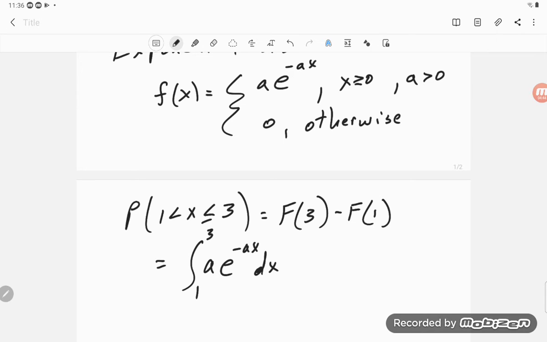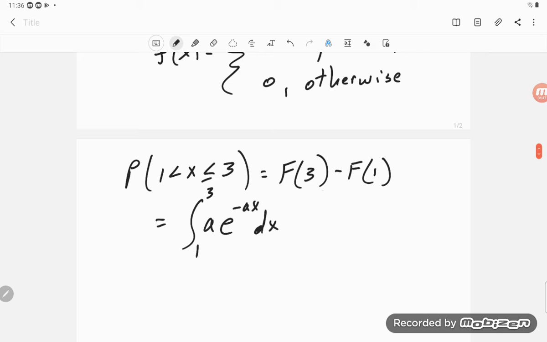Now, I know the antiderivative of this. It is just minus e to the minus ax.